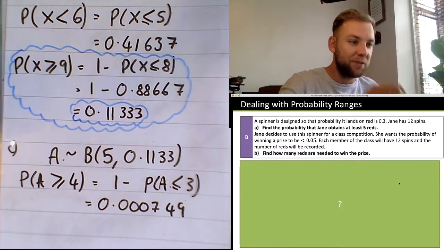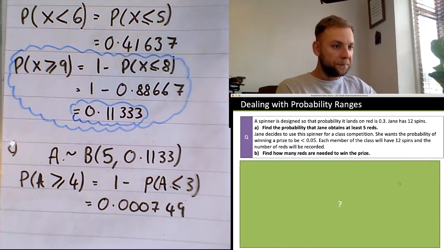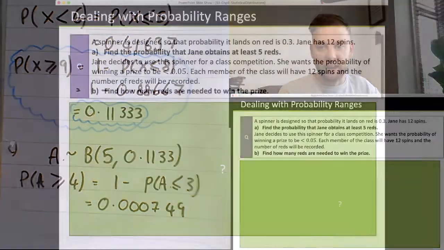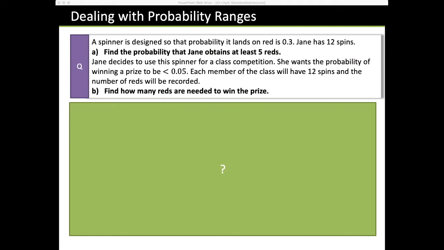So let's have a look at this next one. I'll make it big for you so you can get it down. A spinner is designed so that the probability it lands on red is 0.3. Jane has 12 spins. Find the probability that Jane obtains at least 5 reds. Jane decides to use the spinner for a class competition.